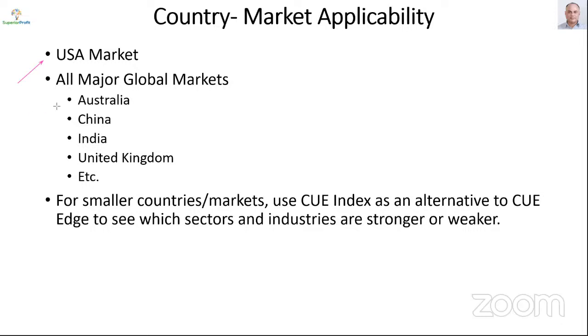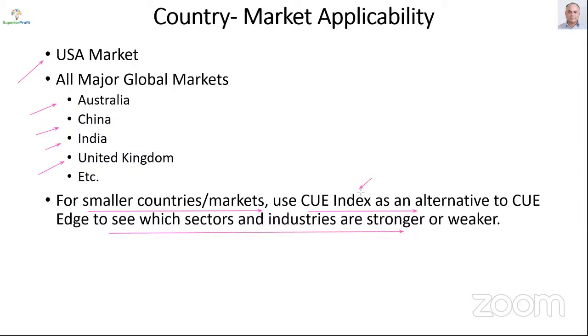So it is available for Australia, China, India, United Kingdom, etc. And if a country is very small, for example, like Singapore, where the stock market is very small, breadth is not enough, stocks with diverse sectors, industries are not available for such smaller countries and markets, you may use Q index as an alternative. Poor man's alternative, you may say, to QEdge to see which sectors and industries are stronger or weaker.